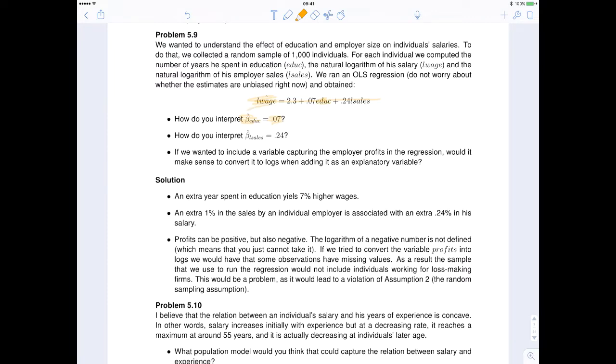Here you have log wage, so an extra unit of education, or an extra year of education, increases wage by 7%. What about L sales? You have log, so the interpretation is that of an elasticity. So a 1% increase in sales increases wages by 0.24%.